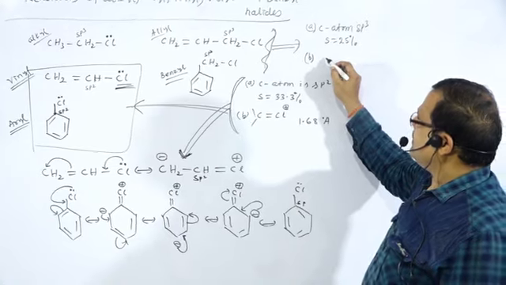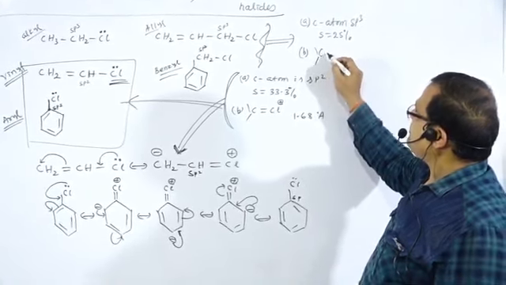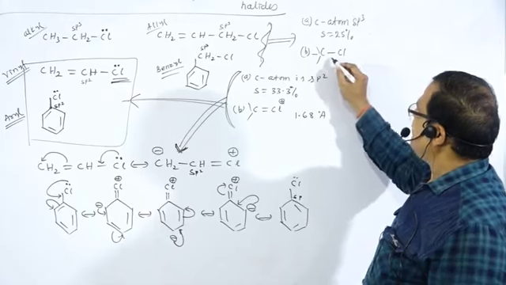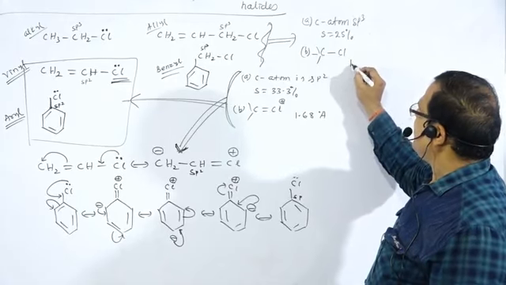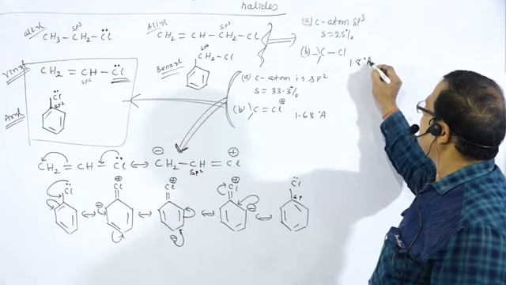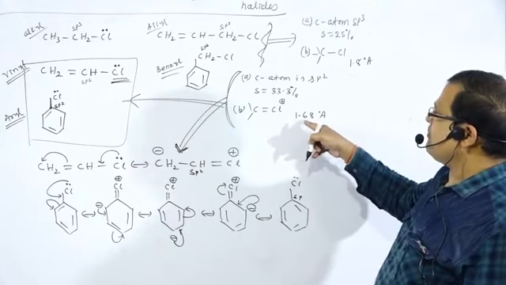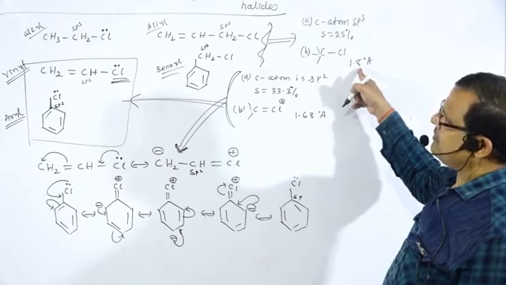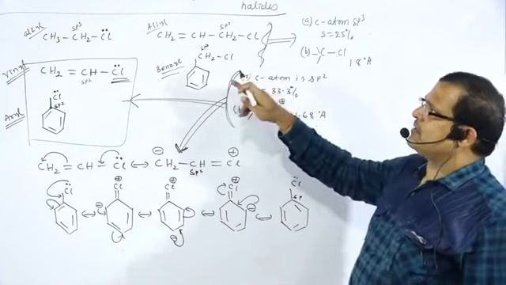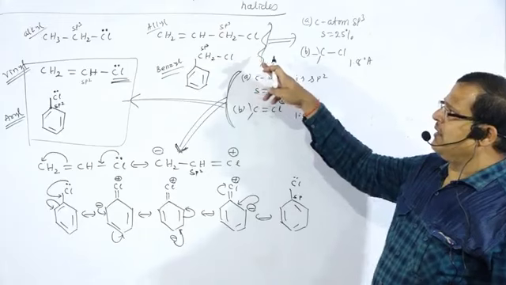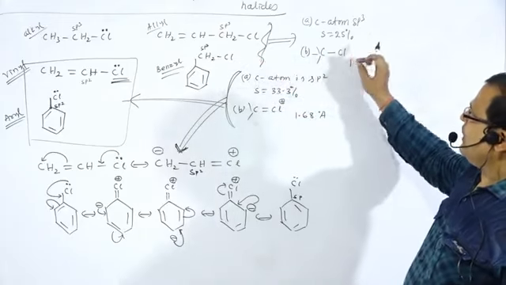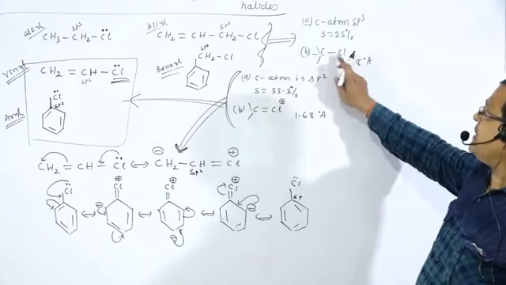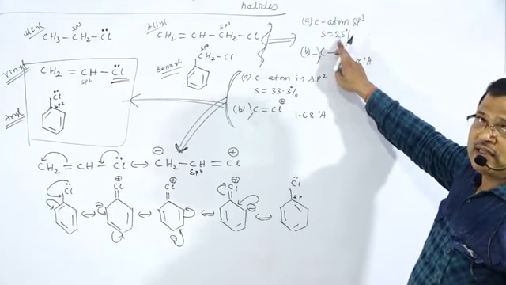The carbon to chlorine bond length here is 1.8 angstrom. In the earlier case it was 1.68 angstrom, but in this case 1.8 angstrom. So if we consider alkyl, allyl or benzyl, the chlorine atom is attached to an sp3 hybridized carbon atom where S character is less.